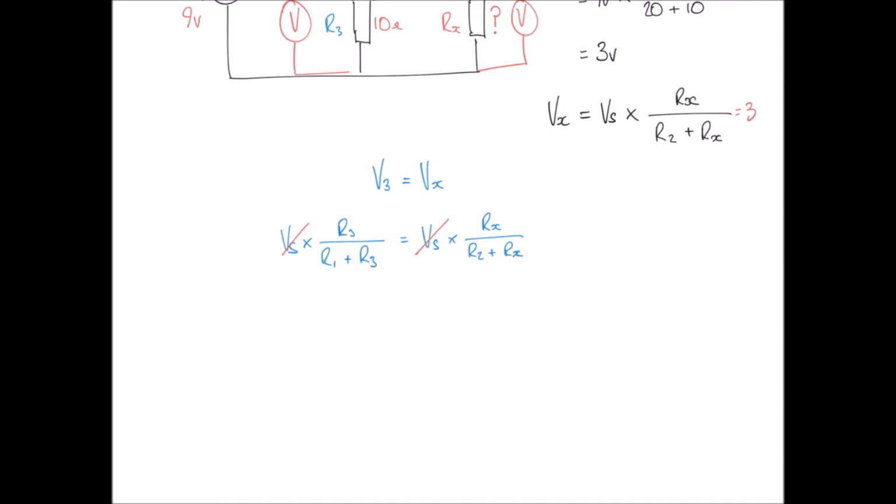Let's have a look at what happens. So first of all, when we multiply both sides by R1 plus R3, well, R1 plus R3 is going to cancel on this side. We're dividing by R1 plus R3 to begin with, so if we multiply by R1 plus R3, those are going to cancel out. But we have to do it to both sides, and it doesn't cancel out on the right hand side. We're multiplying by R1 plus R3.